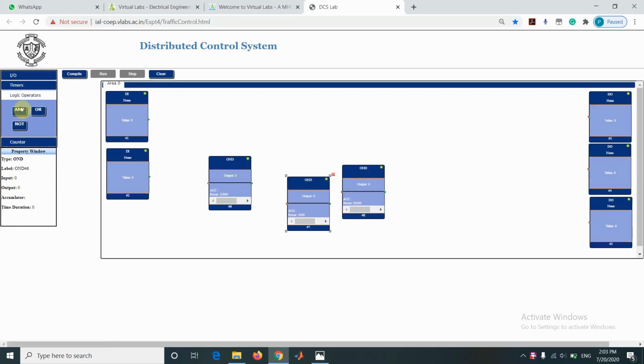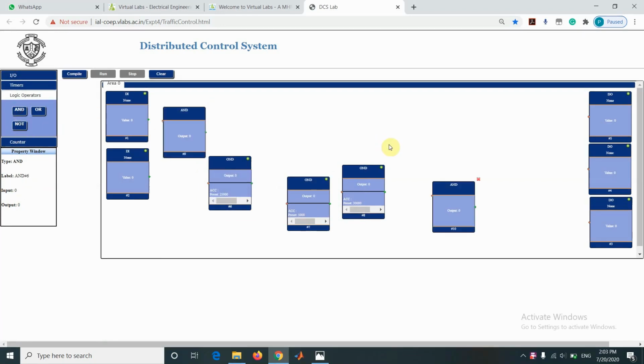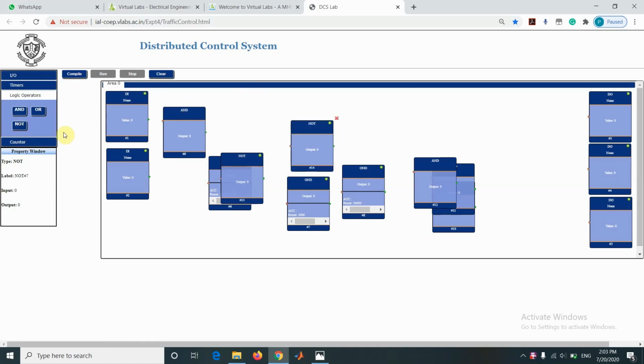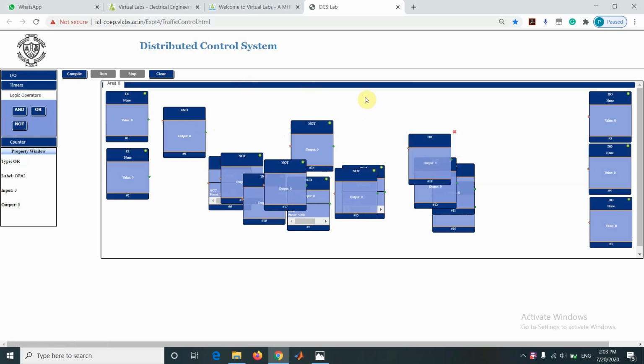Next we need four AND gates, five NOT gates, and one OR gate. Now let us complete the circuit by joining the blocks.